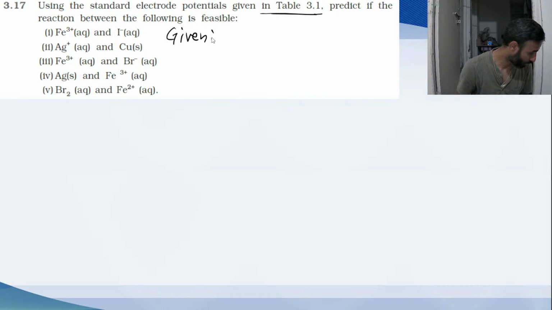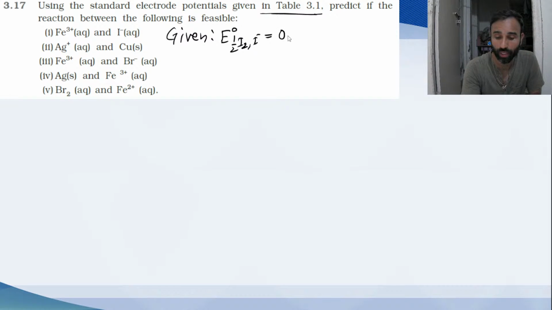I will write the values. E naught of I2 to I negative is 0.541 volt. E naught of Cu2+ to Cu is 0.34 volt.